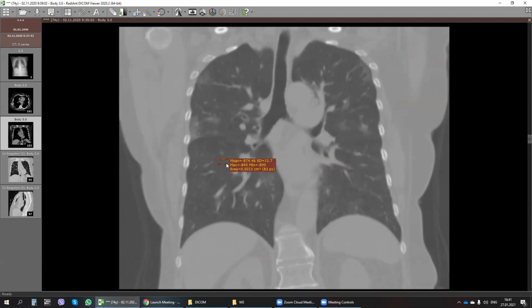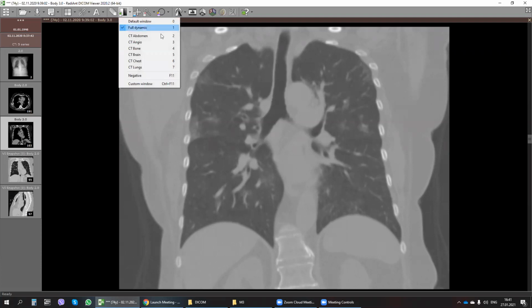Over the lungs, minus 874. So using this Hounsfield scale, we can compare the structure and perform differential diagnostics. And also we can narrow the window on this scale in order to better assess different system of the organs.